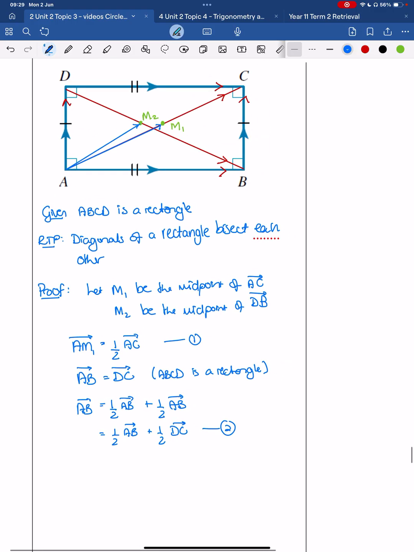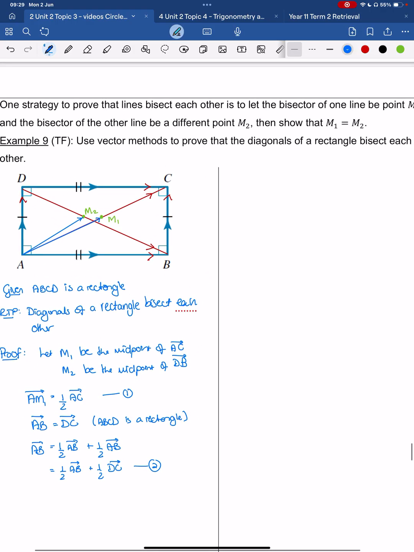All right. What I might do is carry on here so we can actually see our picture. So what we now have is A to M2, well, I know that A to M2 is going to be AB plus B to M2. And I know that B to M2 is half of BD. Okay, I've defined it as that.